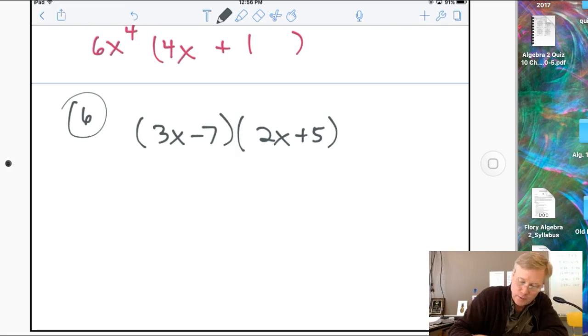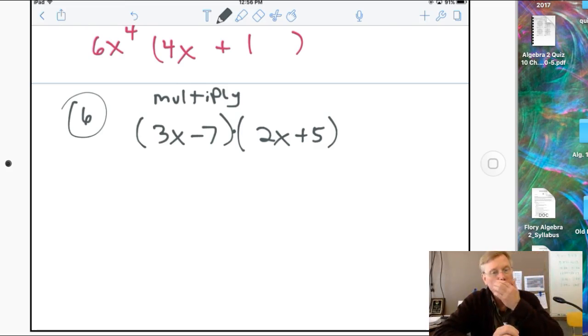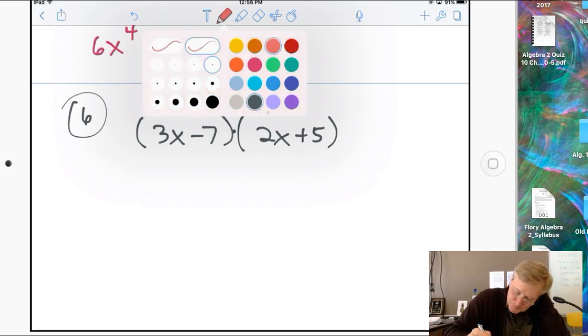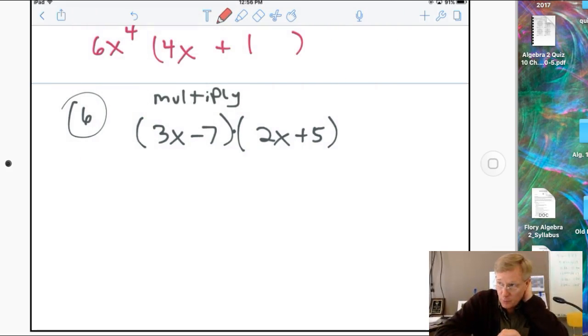Sometimes it should say it, but there is implied multiplication in between the two parentheses. And this is where you should multiply by FOIL or box technique, whichever you prefer. And any time on a quiz or a test where it says do it by FOIL, you should feel free to do it either way. All right, we'll do it by FOIL first.